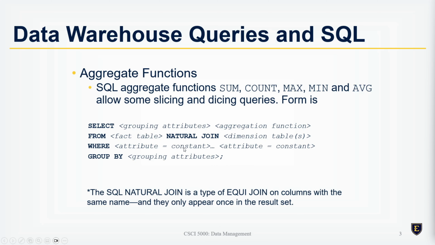And natural join is a type of equijoin on columns that have the same name. And it means that it will only show that column in the result set one time. Typically, in a data warehouse, the foreign key and the primary key that you're pointing to are named the same thing.